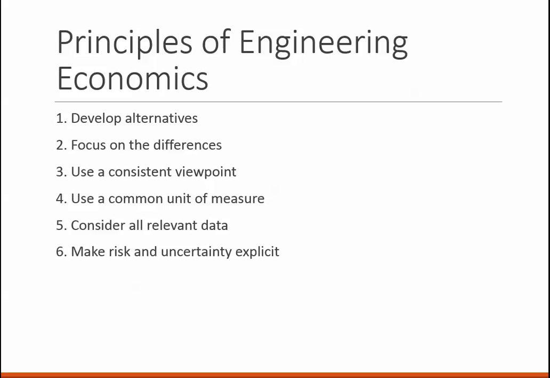Make risk and uncertainty explicit. We're not going to get too far into this whole risk and uncertainty thing in class. I think we're going to talk about it at the very end of the class. However, what we have to make sure is that if there is risk and uncertainty, we're going to ignore it for the time being, but in reality it's something that very much needs to play a role in analysis.